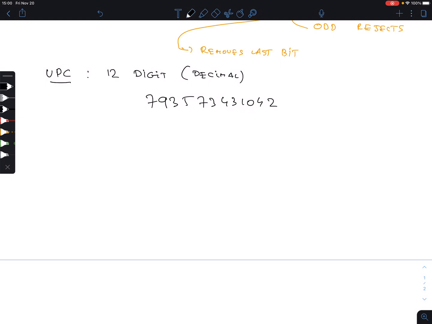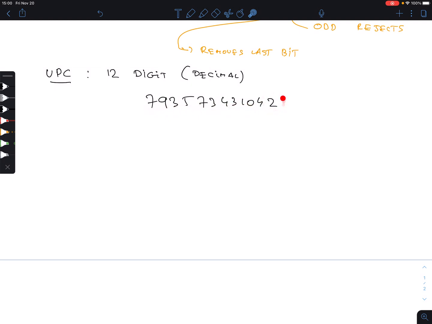And I'm saying this is a valid code. What this code represents is not important for us to know, but the first digit is the type of product. The next 5 digits are who manufactures it. And then this is the internal number that you give to it. So these codes have some meaning, but for us that's not the point.